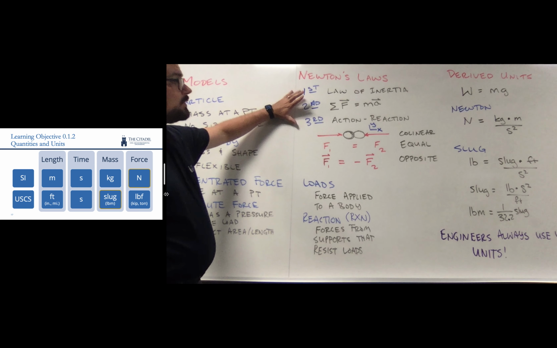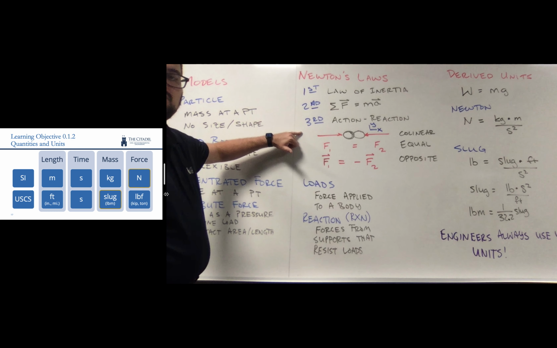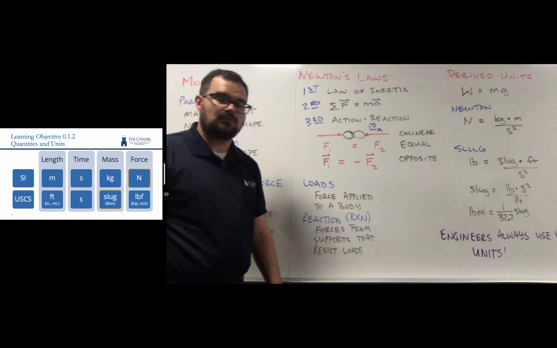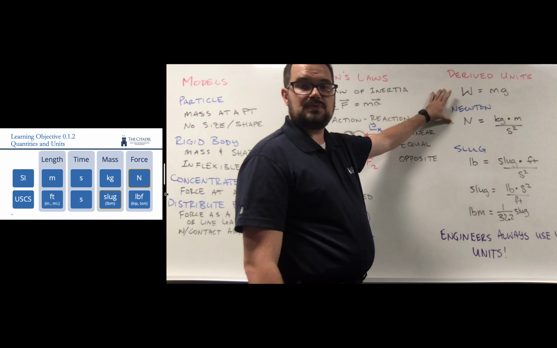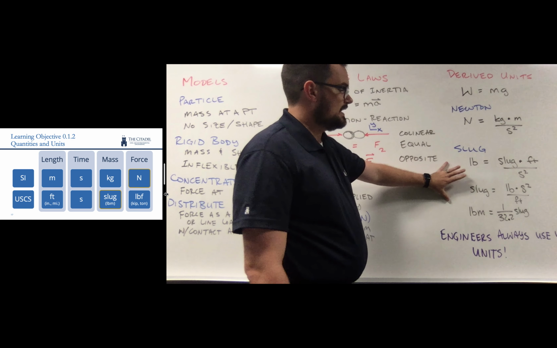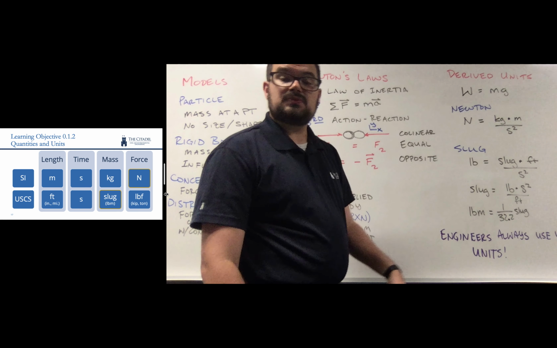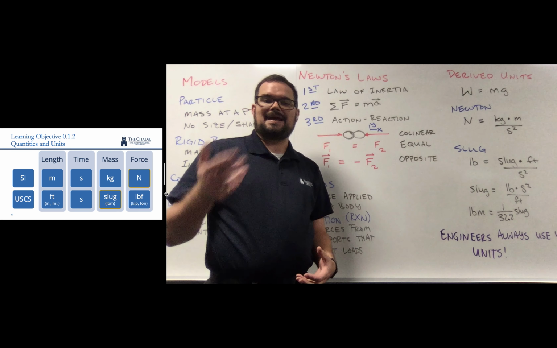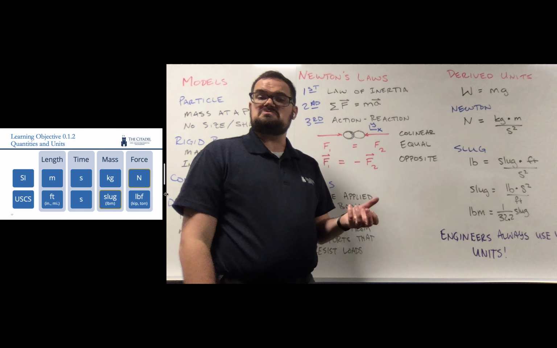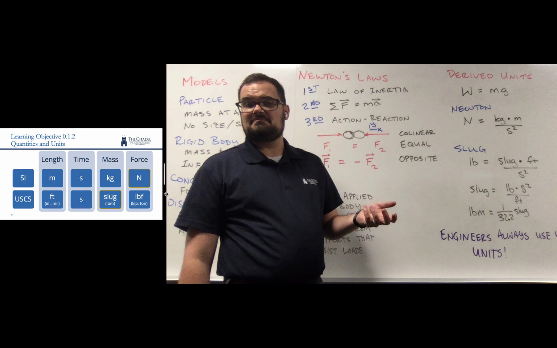We're going to remember that we're using Newton's laws. Newton's third law is going to be super useful for us. We're also going to be able to talk about Newtons as our derived units. Slugs we won't really use, and we're developing those mental models that relate a pound, about a soup can, to a Newton, a quarter pounder with cheese.